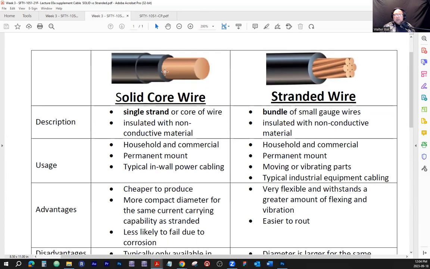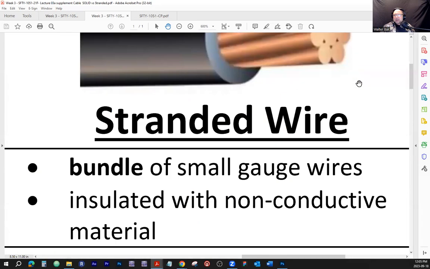So this is what the solid core wire looks like. It's basically a strand of copper, and it is jacketed with insulation. Now, here is the equivalent of that, and that's what a stranded wire looks like.